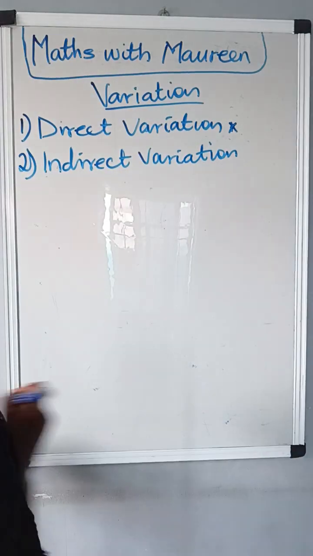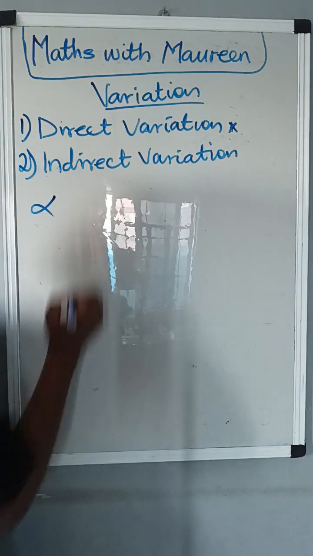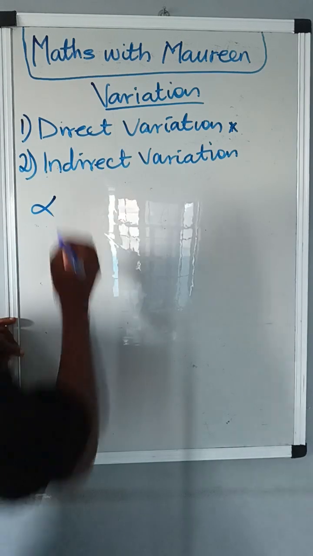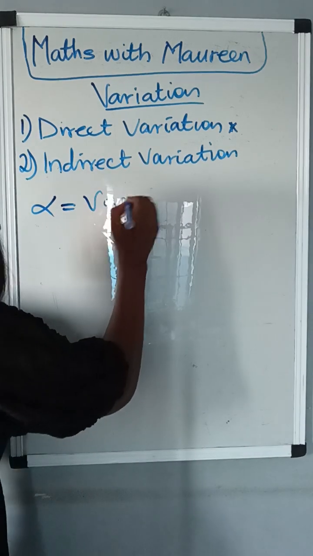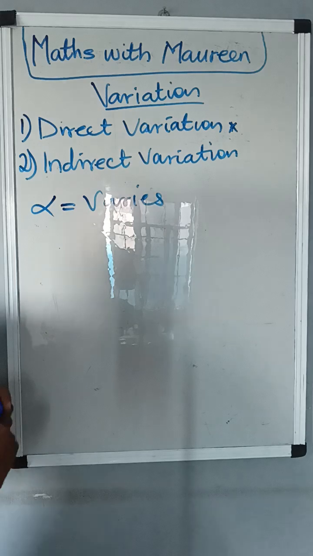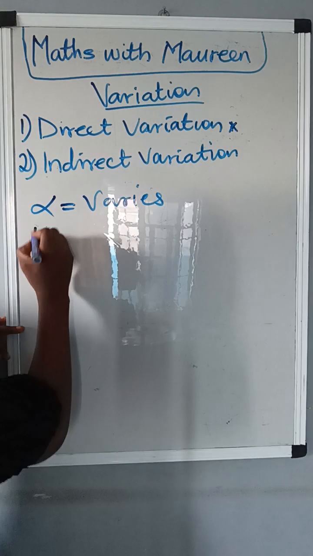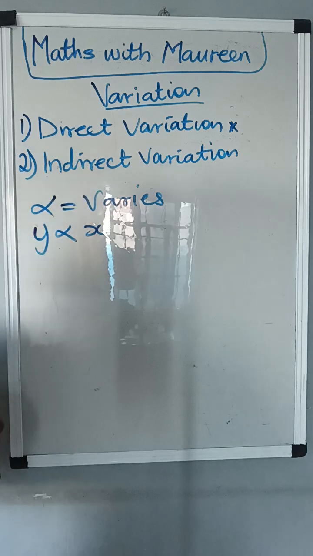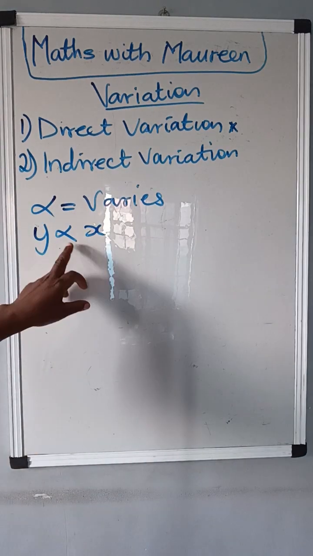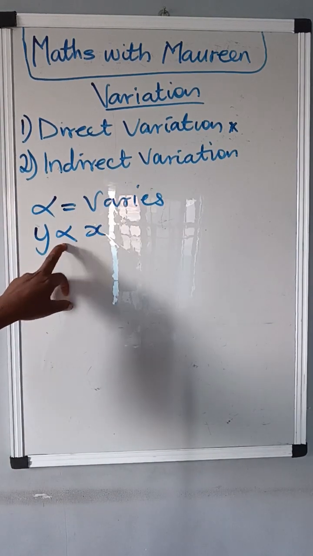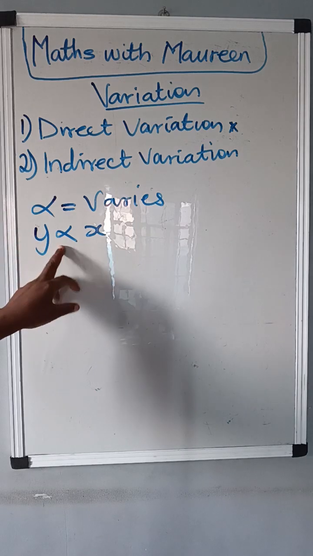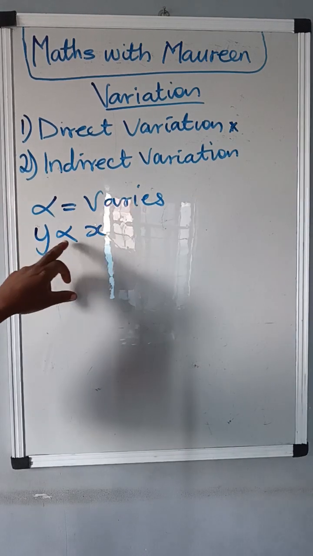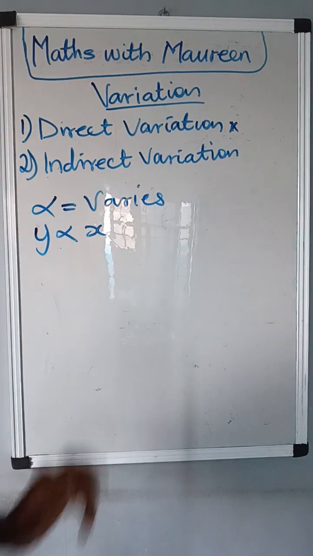So in mathematics, we have this symbol as the symbol of variation, which means varies, okay? So supposing we have that y varies directly as x, this is how we are going to write it, okay? This means varies, so it can be varies directly or any other, but this particular one means y varies directly as x, okay?